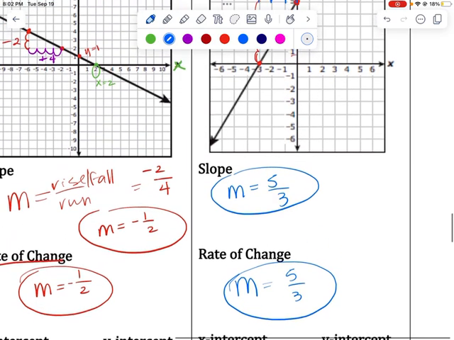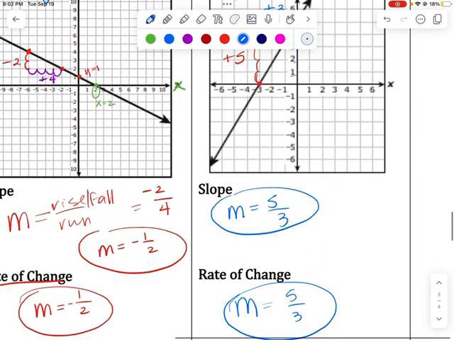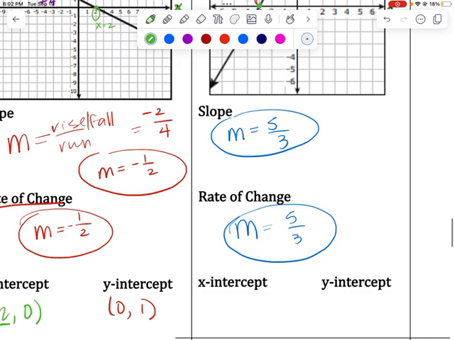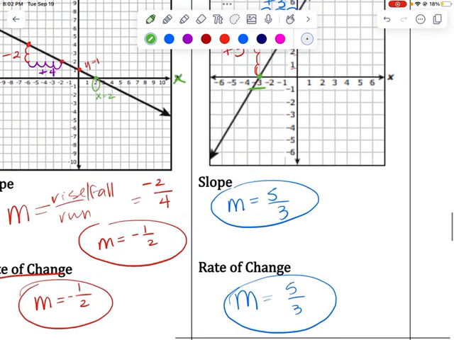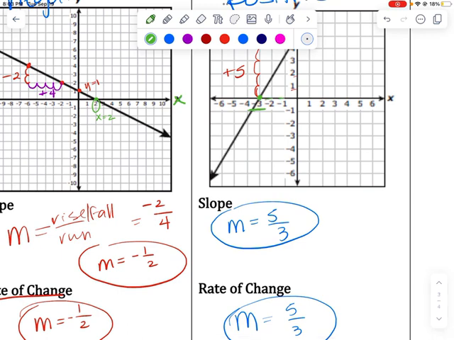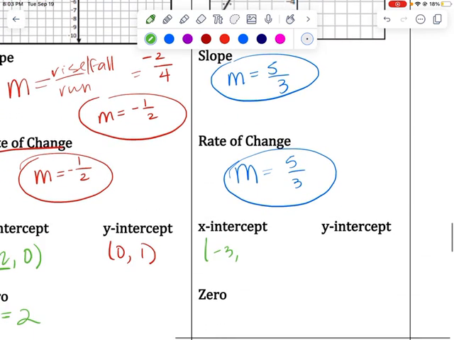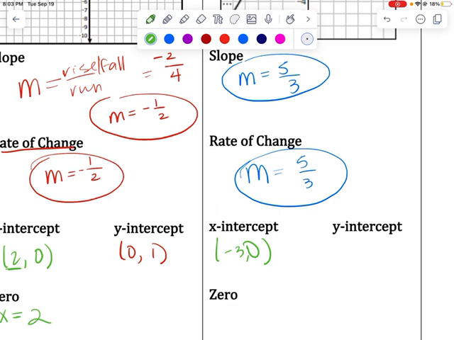My x-intercept, where I'm crossing that x-axis, is at -3. So here I'm going to say -3, comma, find the y, 0. -3, comma, 0.